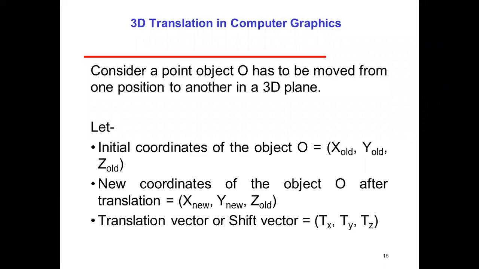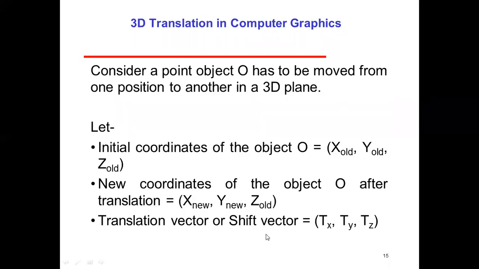And for the new points, you can write x new, y new, z new, but you can also use x dash, y dash, z dash. Okay, new coordinates of the object after translation. So after translation, you will get x new, y new, and again z new. Here is a typing mistake. So the new coordinates of the object after translation will come as x new, y new, and z new.